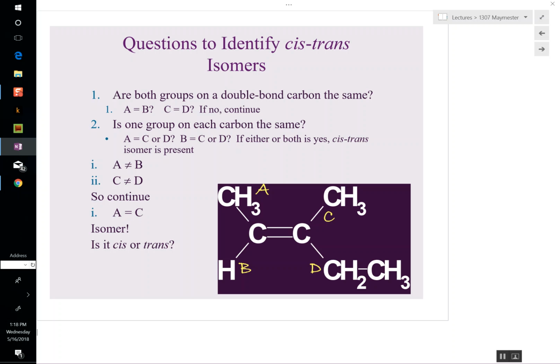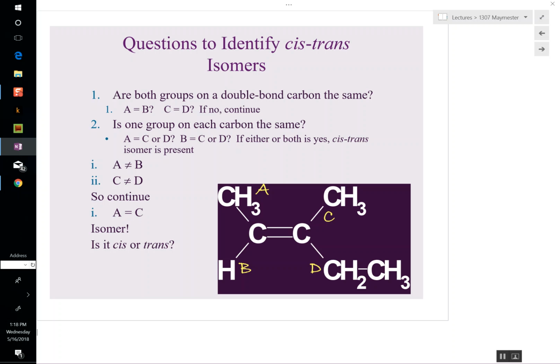Then we have cis and trans. Does this carbon have 2 different things on it? Yes. Hydrogen is different from that. Does this carbon have 2 different things on it? Yes, that is different from that. And do these 2 carbons that make up the double bond have something that is the same? Yes. They each have a CH3 on them. So this is going to be cis or trans.